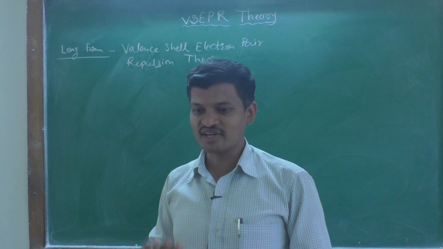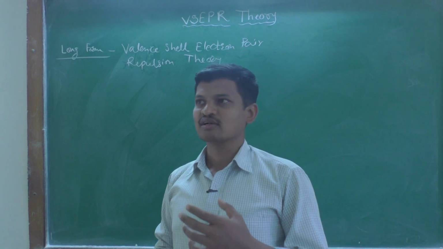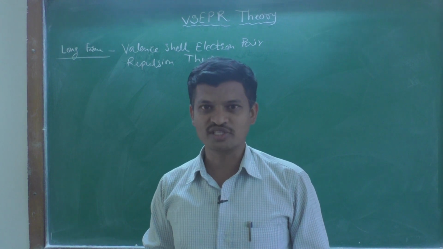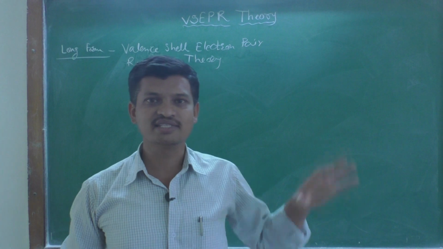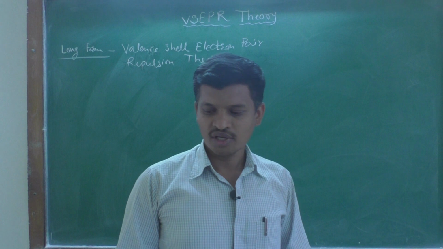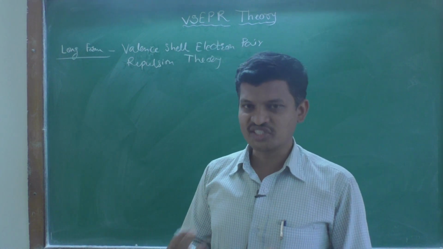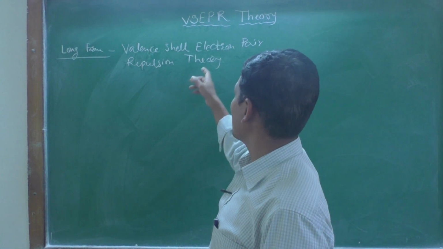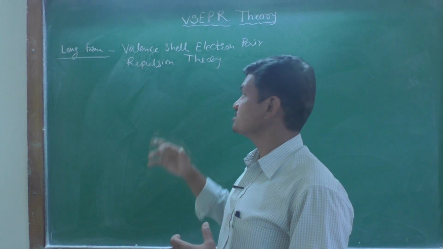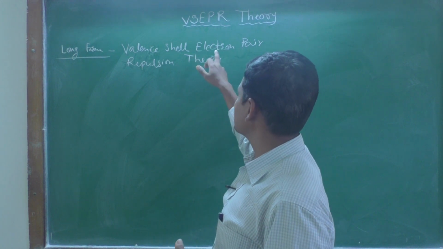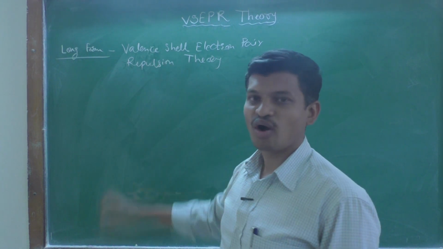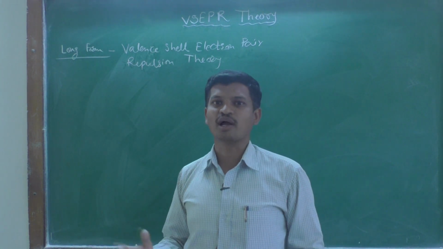Hence, there is a need to explain these concepts on the basis of another theory, and that is VSEPR theory. This theory basically considers the interactions of the electron pairs present in the valence shell of the atoms.